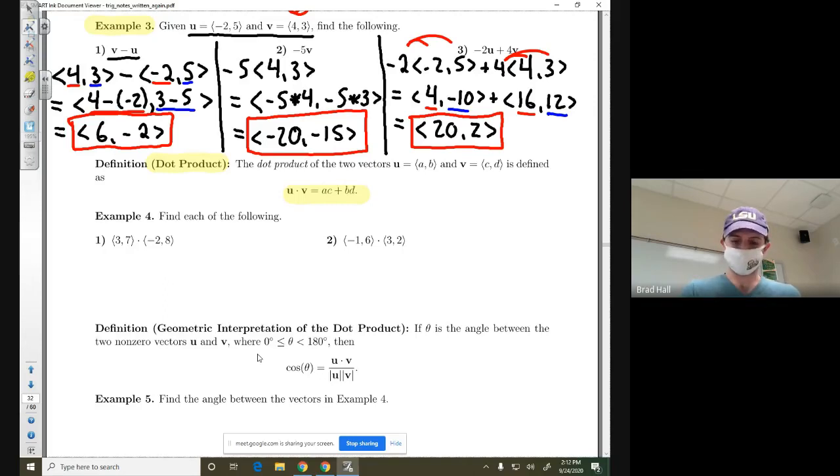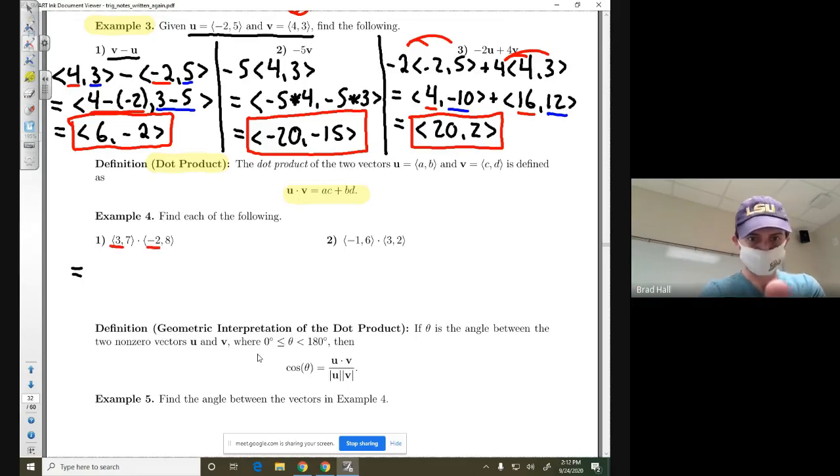So from here, we have these two vectors, and we're going to find the dot product, which means our final answer better be a number. A lot of people on the midterm last semester would just put the product of the two components and leave their final answer as a vector. The final answer is not a vector, it's a number. It's just a scalar. So for this, we multiply it component by component.